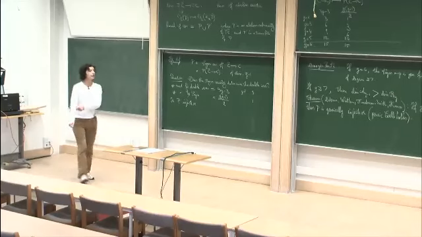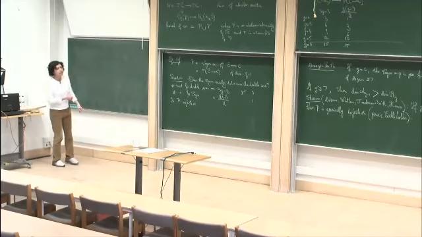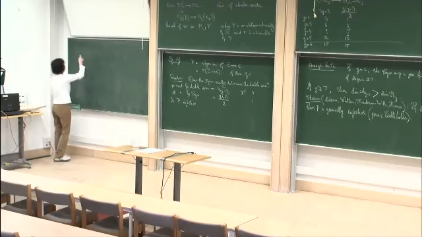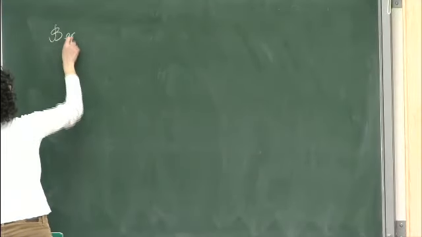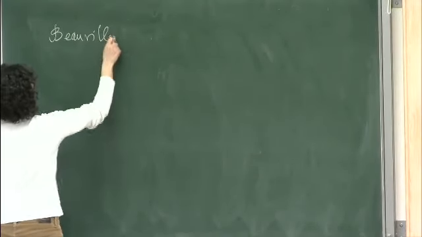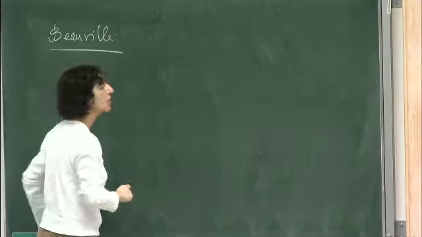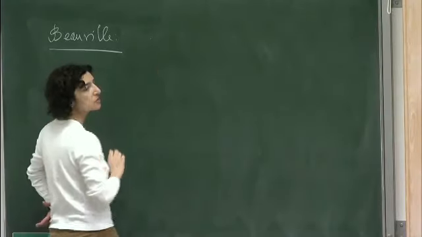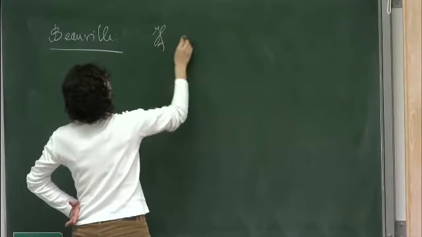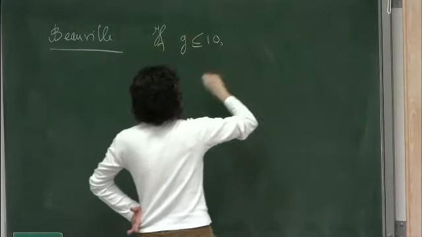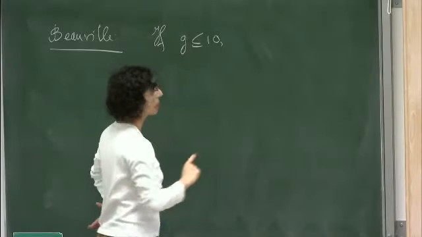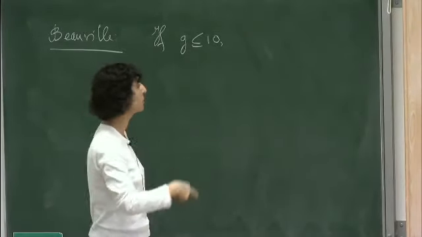Okay, so what happens then? There are still problems. The first examples here were due to Bodil. He produced examples of curves of genus at most 10, non-hyperelliptic curves. We are assuming that C is not hyperelliptic anymore.